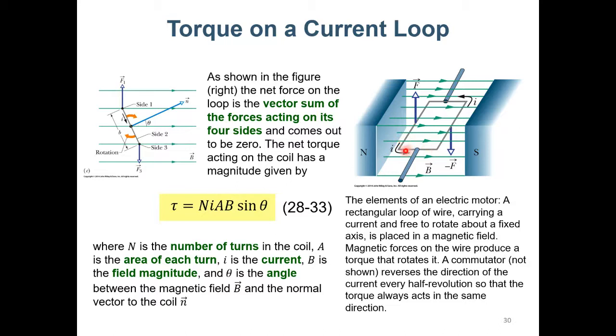However, we know that for this wire and this wire, the direction of the L vector and the magnetic field is either the same or opposite. So when they have a cross product, the answer is 0. However, for this side and that side, for this side, I is going this way, and B is pointing to the right.